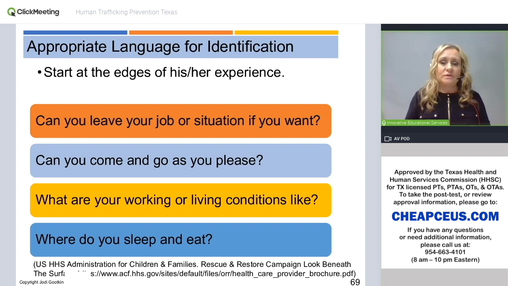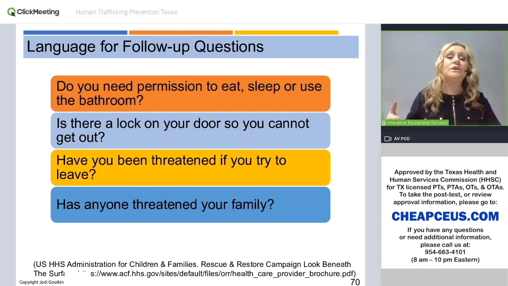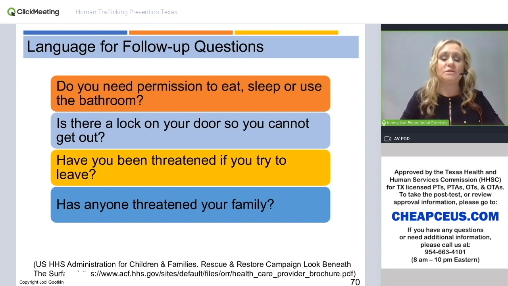Can they come and go as they please? Looking for more information on those red flags. Then you can move into follow-up questions if it seems like the path is leading you towards a potential trafficking situation, looking at their freedom of movement, potential threats that they may have, concerns they may have about their safety.